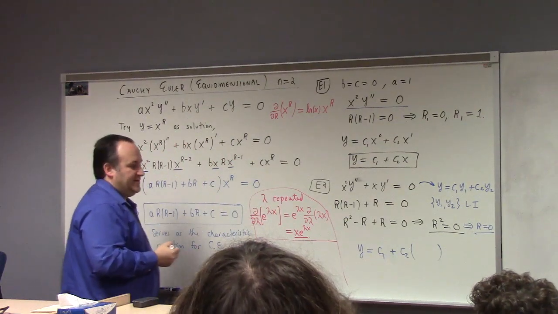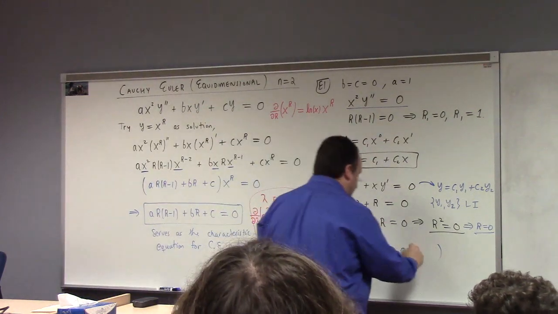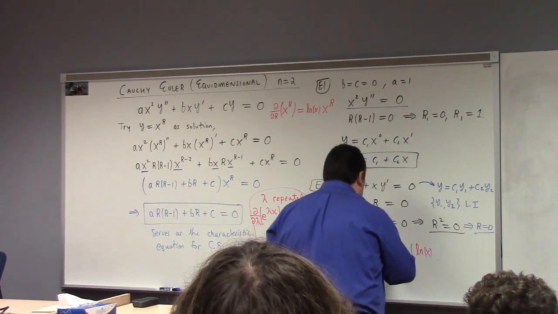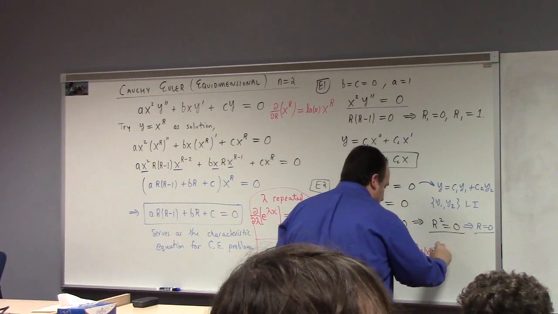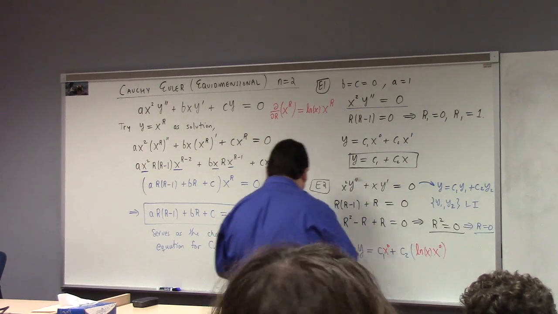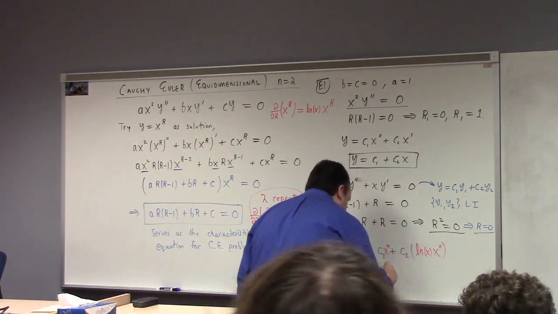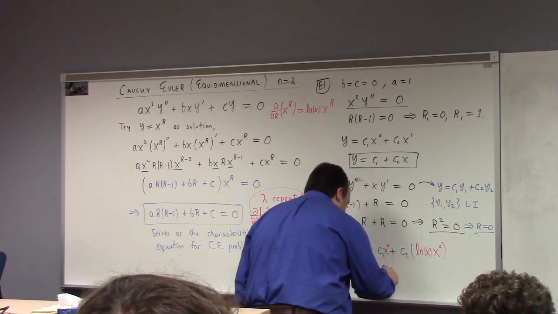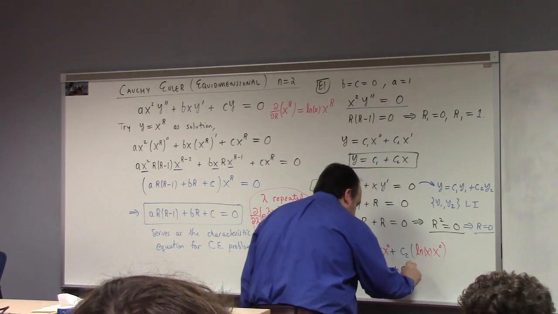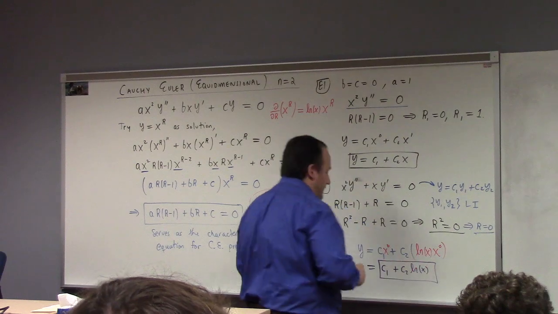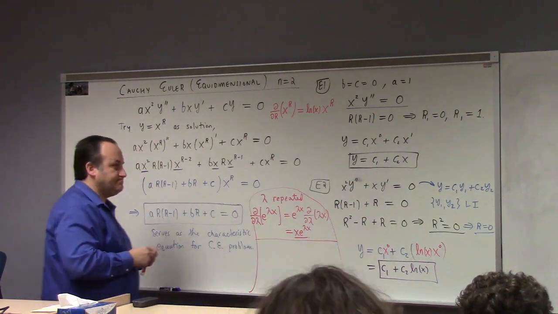In fact, that's what y2 is here. We put log of x. I'll put x to the 0 here to emphasize the pattern. So the answer in the repeated root Cauchy-Euler case is we multiply by log x in this context. So we get c1 plus c2 natural log of x. That's the solution, the general solution to that problem right there.